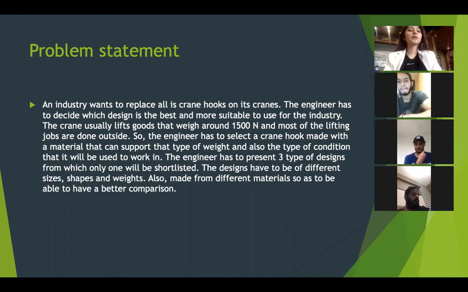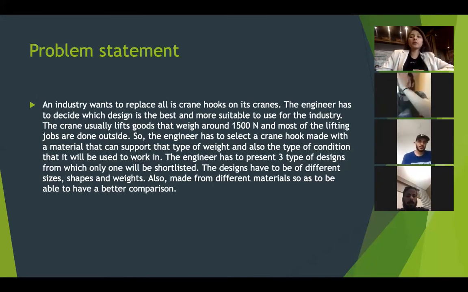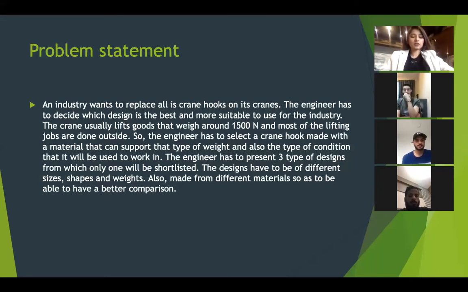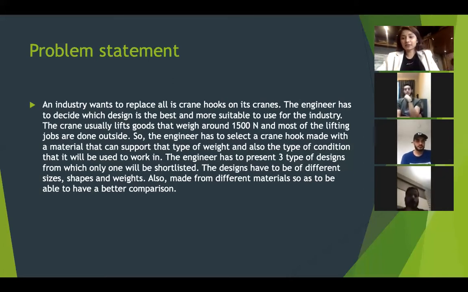Okay, so coming to the problem statement, for this assignment, we had to create a problem statement. From that problem, we had to try to get the solution of it. And as an engineer, this project will depend on what are our thinking about a particular model and how we try to design different models to be able to select the best one of it.